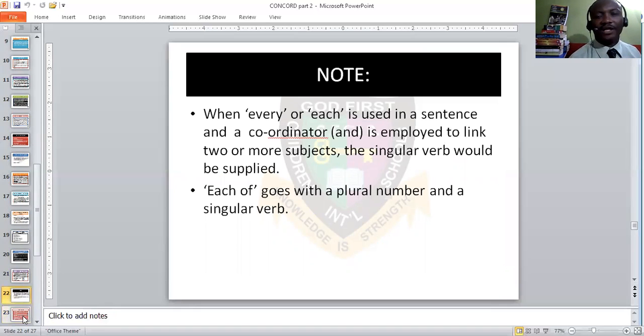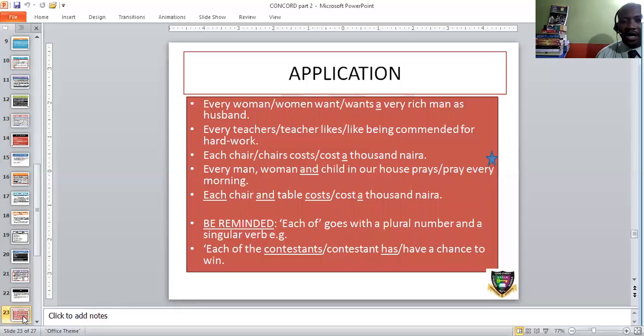So it does not change the rule. Every man, woman, and child in our house prays every morning. Every man is the main thing we're talking about.